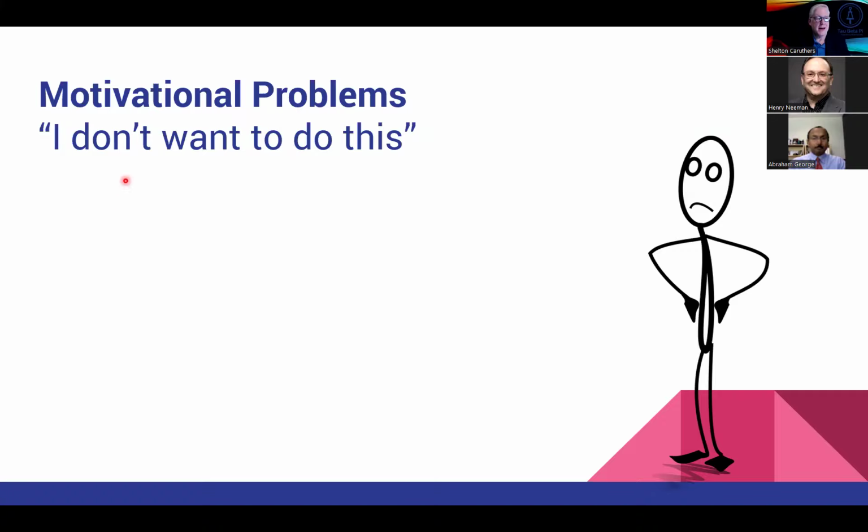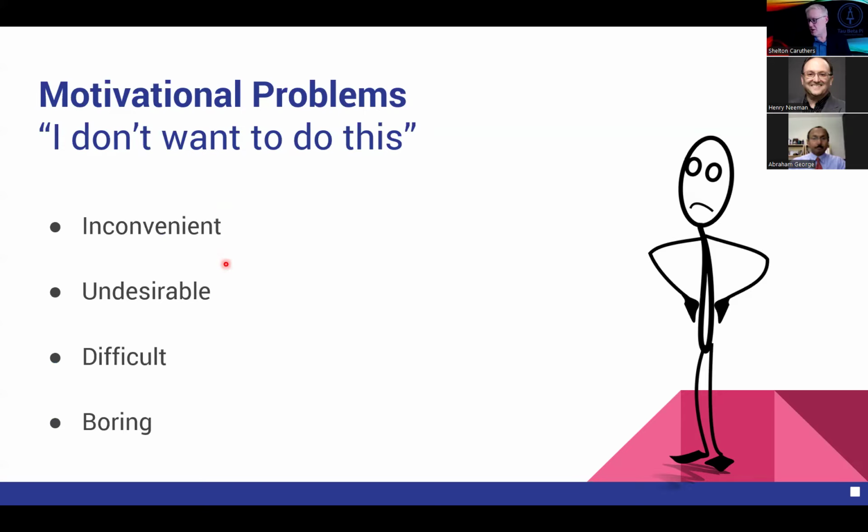I don't know. But motivational problems are, I don't want to do this. So what are some reasons for this? Well, it's inconvenient, it's undesirable, it's difficult, it's boring, it's unsafe. There are a lot of different reasons why I'm not motivated to do this task or this solution.